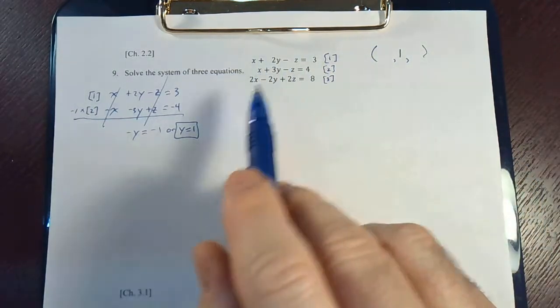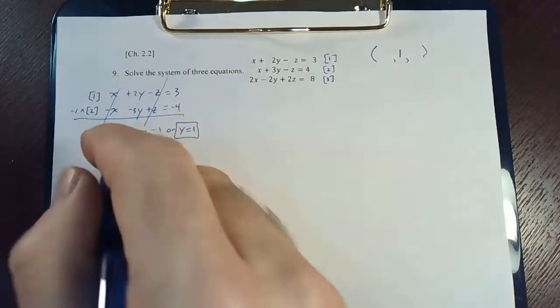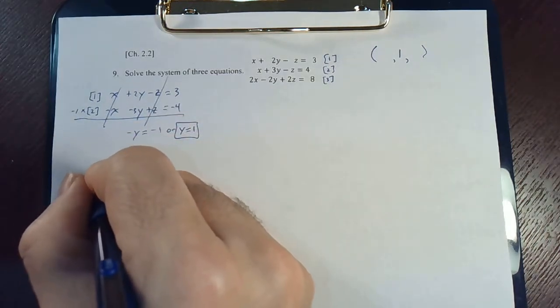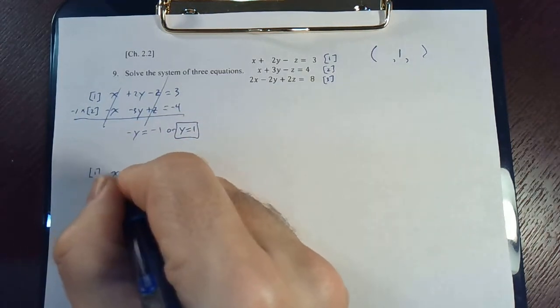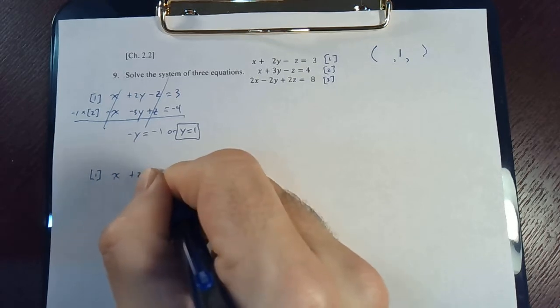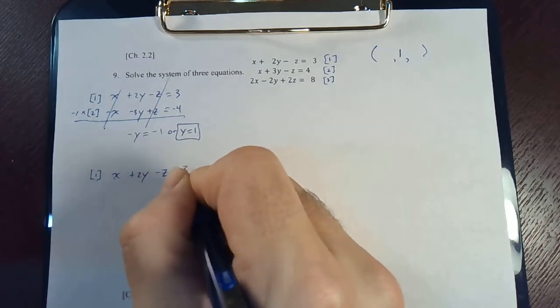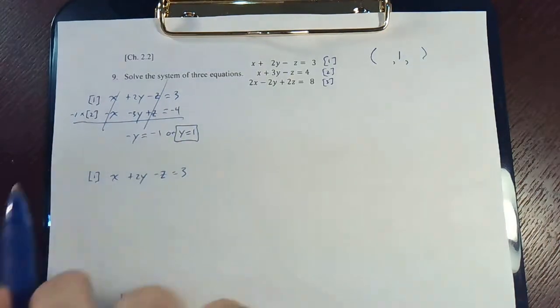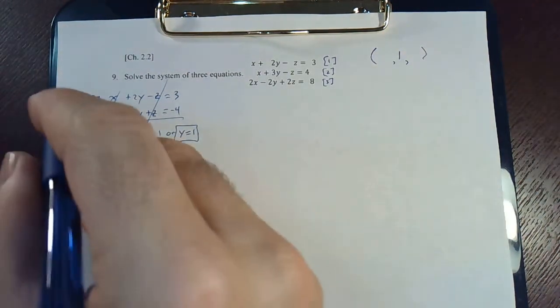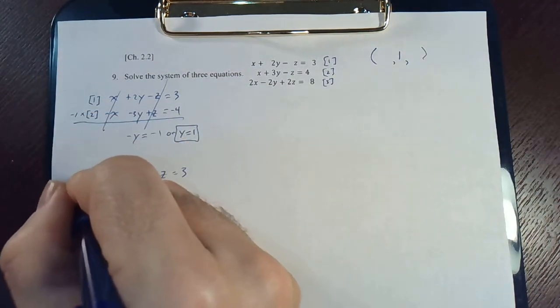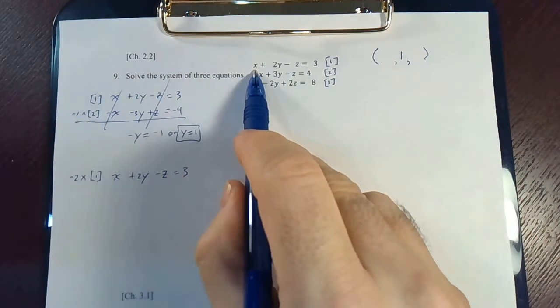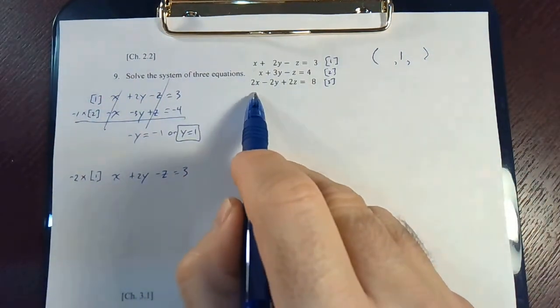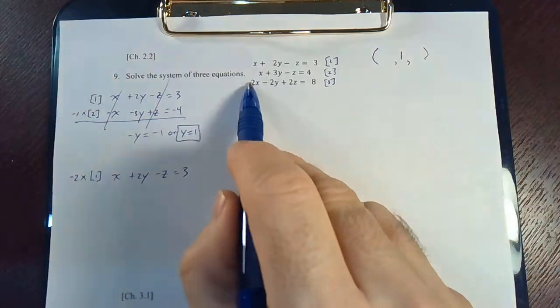All right, well, let's proceed as we stated. I'm going to write down equation number 1 again. x plus 2y minus z equals 3. Oh, I need to multiply that one by -2, because I want this to be a -2x to cancel out with this 2x when we add them together.